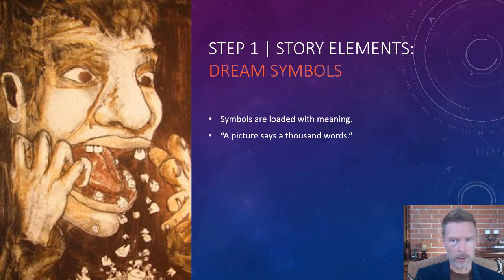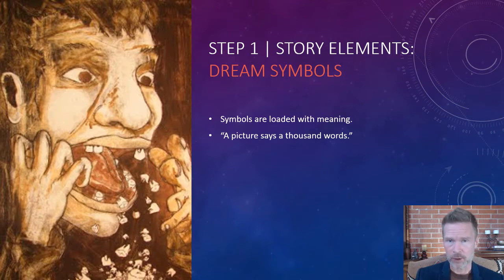Symbols are loaded with meaning. Think of it like the phrase, "A picture says 1,000 words." In a symbol, you can see 1,000 words. Now, the dream will express that meaning with one look, one symbol. Visually, it represents what that meaning is. There will be other details, though, with the symbol that help to flesh out that meaning.